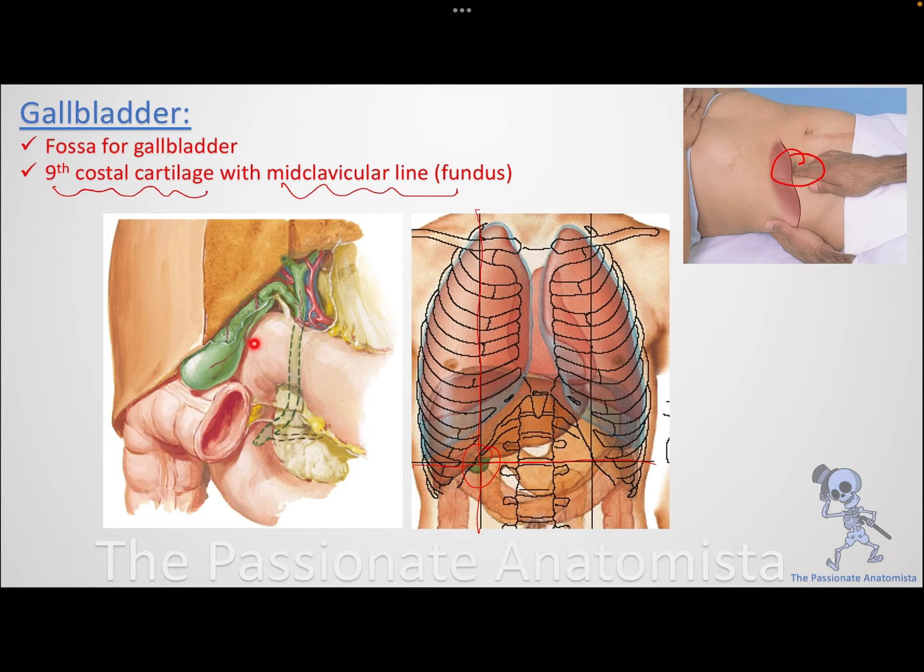Posteriorly you have your first part of the duodenum, and we're going to talk about this relation in the video on the small intestine, the duodenum, because it's really important in terms of cholecystitis. So these are the things around the gallbladder.